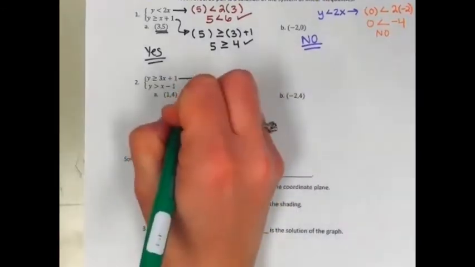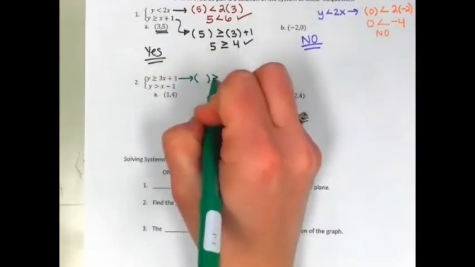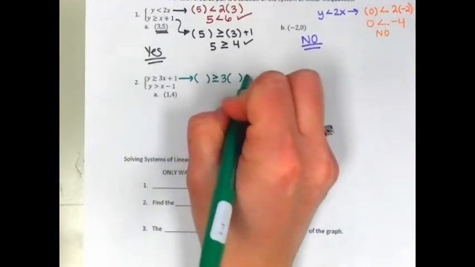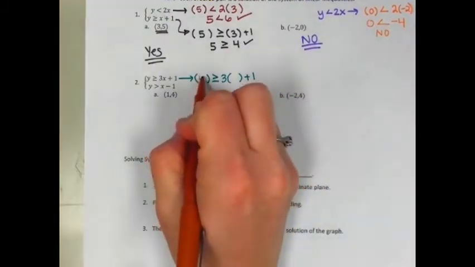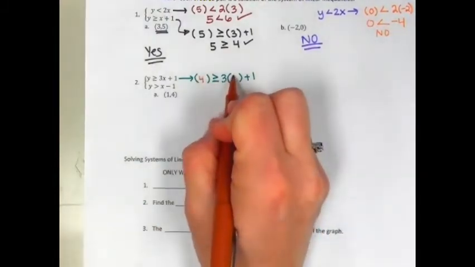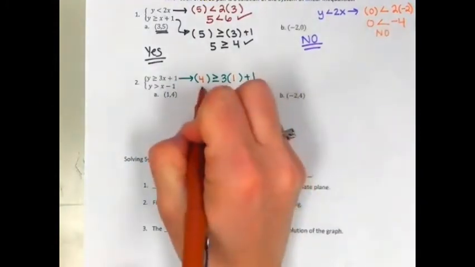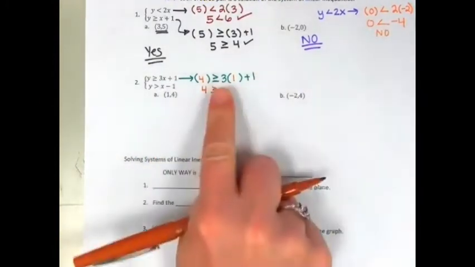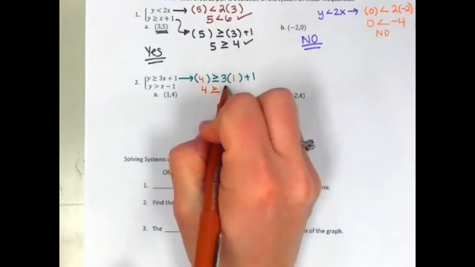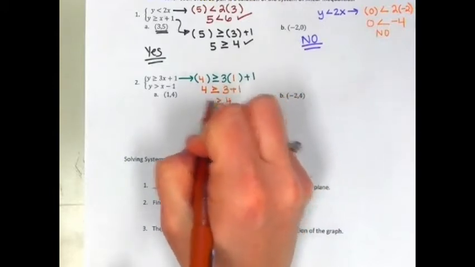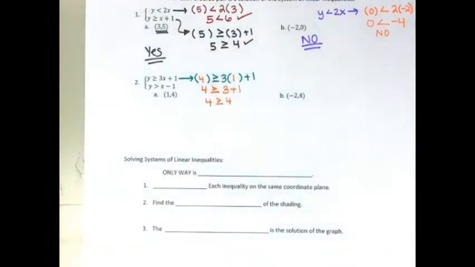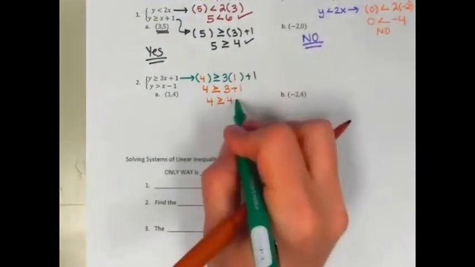So let's look at that first one. All right, what is my y coordinate for that first point? 4, and what's my x? 1. All right, so is 4 greater than or equal to, what's 3 times 1? 3, and then 3 plus 1 is 4. Is 4 greater than or equal to 4? Yes, it is. So it works for that one.